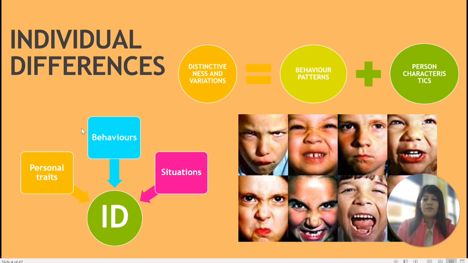And of course, all of this is wrapped in an external or internal context which creates itself as situations. Sometimes these situations are external, sometimes these circumstances and situations are internal. But this is the reason why all of us are different from each other.